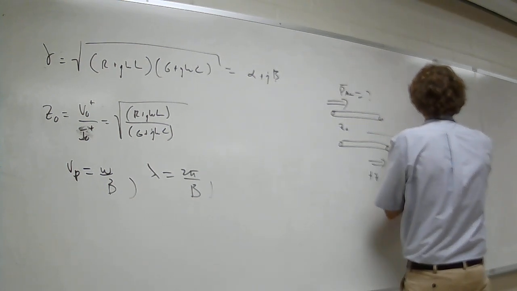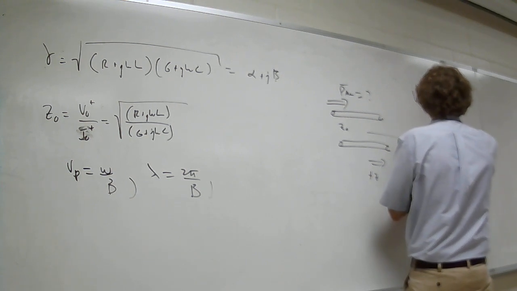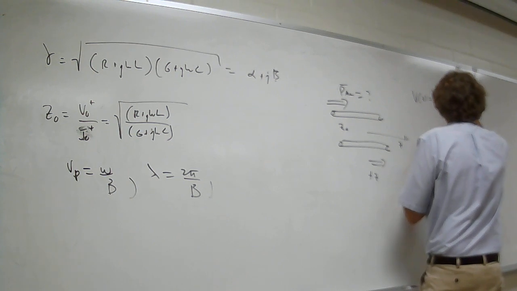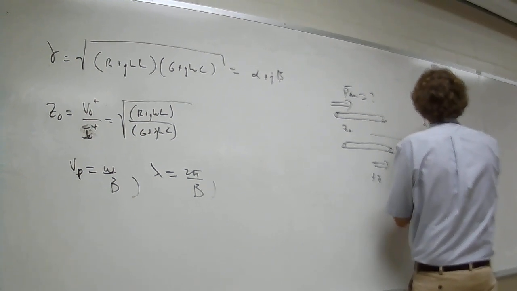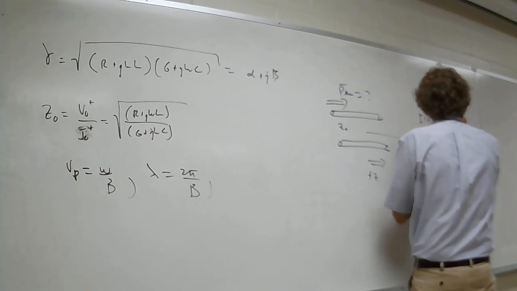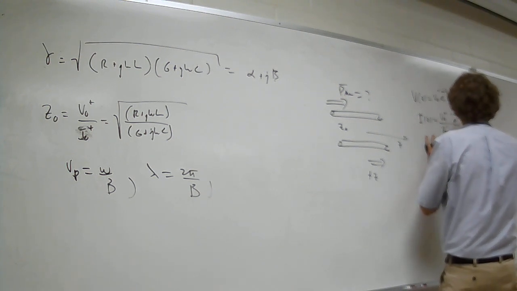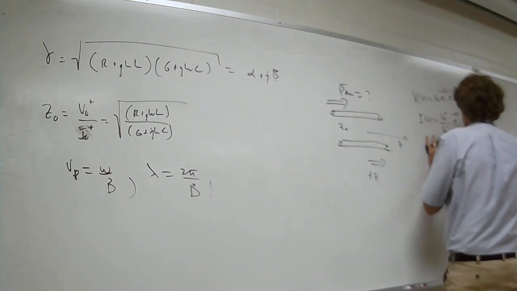And remember, V of Z was equal to some V0 plus e to the minus alpha Z, e to the minus j beta Z, and I of Z is equal to V0 plus over Z naught times e to the minus alpha Z, e to the minus j beta Z. Do y'all remember this?